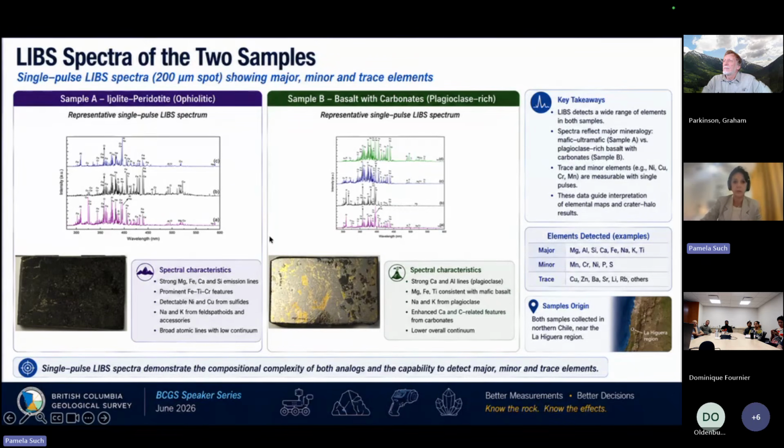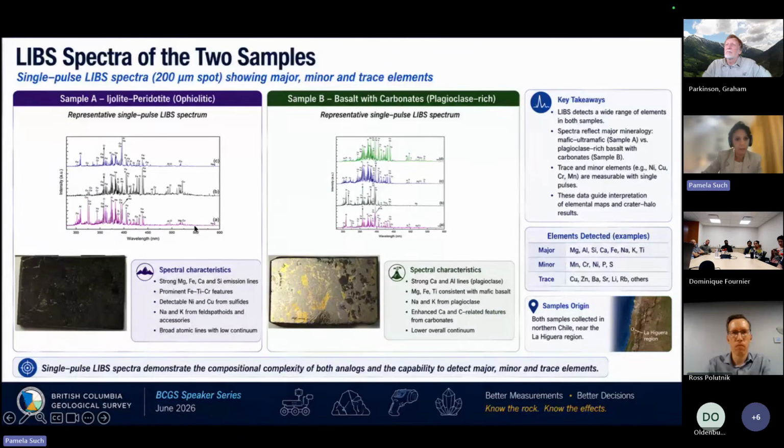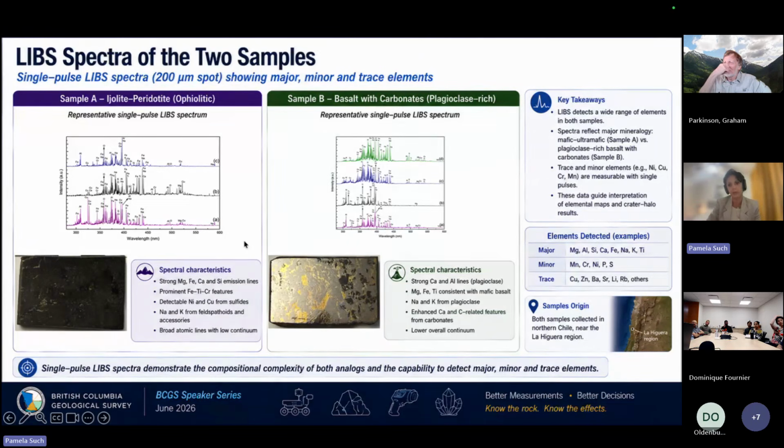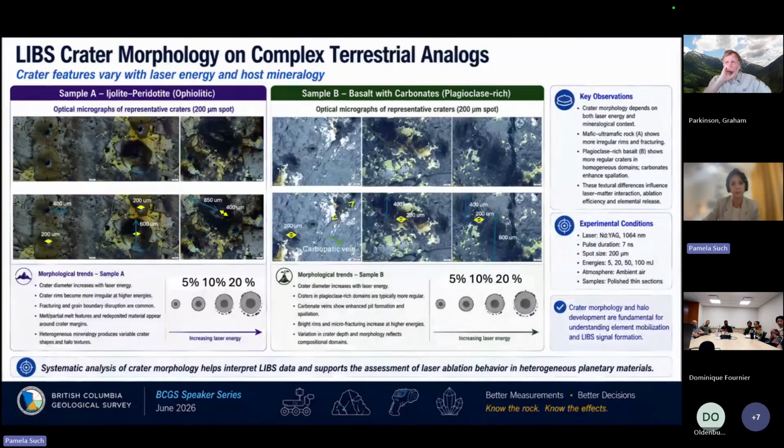So those all were observed with LIBS, at every different power energy that we shot with the laser. The blue, black, and pink lines are different laser powers, for example 5%, 10%, and 20% of laser power. So we detected all of them at the different laser powers.